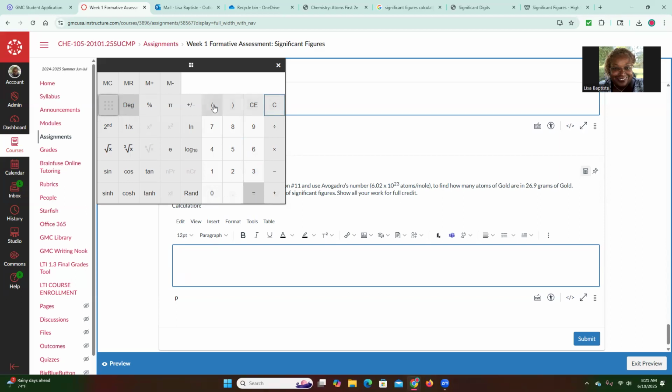So remember, you want to put your 6.02 times 10, and then you use this x to the y button to the 23rd, close parentheses, and then times 3.2, and then that's equal to, and then because 3.2 only had two significant figures, it would be 1.9 times 10 to the 24th.